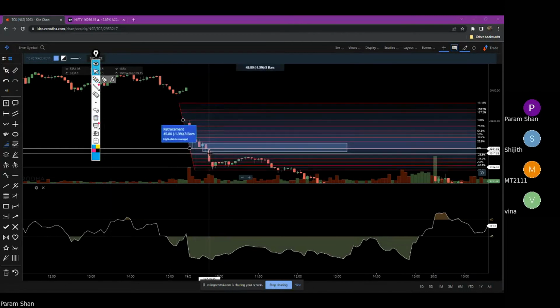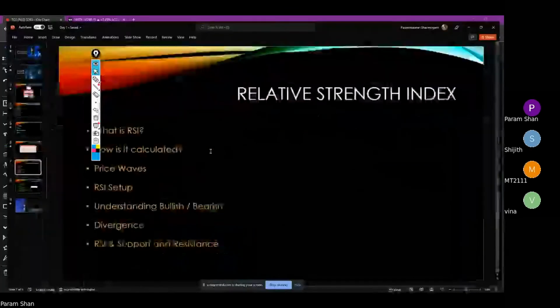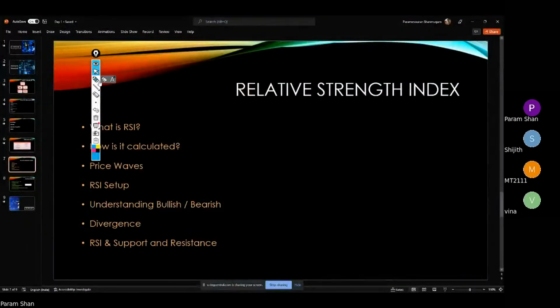All right, so let's go back to our schedule. We did see these portions. We saw price waves, meaning understanding the trend and identifying how the price is moving.